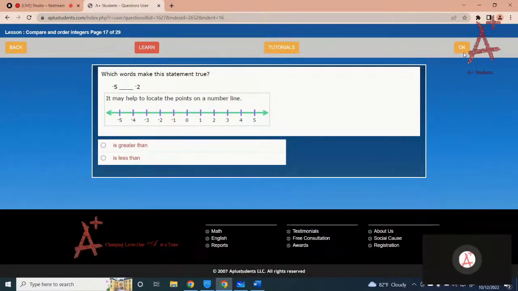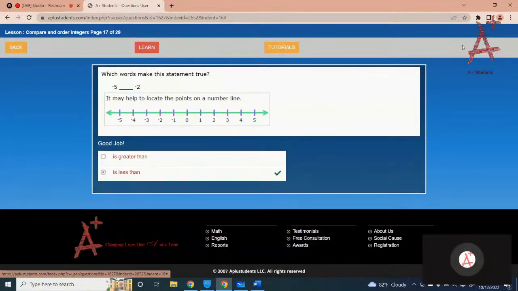Okay, which word makes the statement true? Negative 5 and negative 2. Negative 5 is less than negative 2 or greater than negative 2? Negative 5 is less than negative 2. Very good.